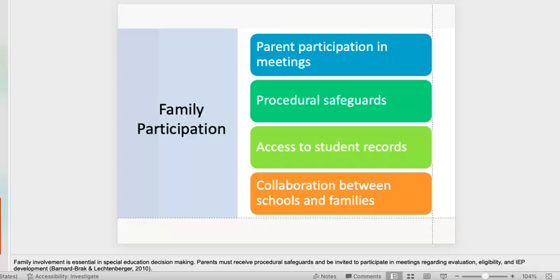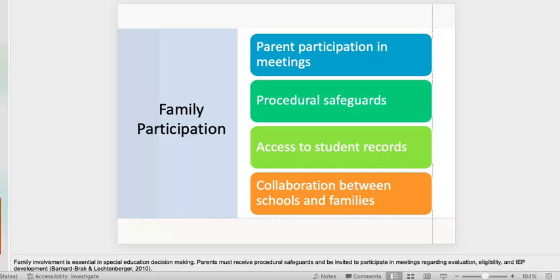Family involvement plays an important role in the special education process. Parents must receive procedural safeguards that explain their rights and protections under federal law. Families must also have access to students' records and be invited to participate in meetings regarding evaluation, eligibility decisions, and IEP development.